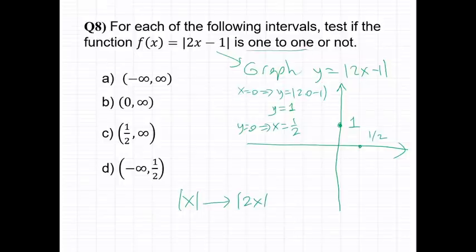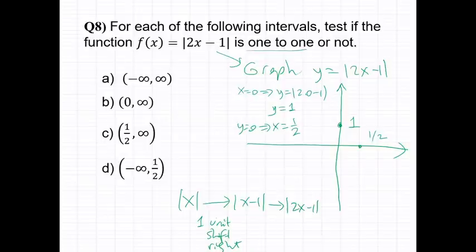This is horizontal shrinking. And 2x minus 1, we have to do it this way: x minus 1 and then 2x minus 1. So a 1 unit shift right.